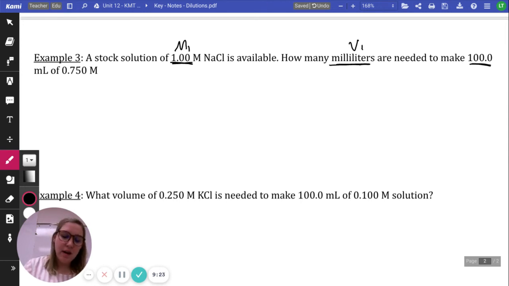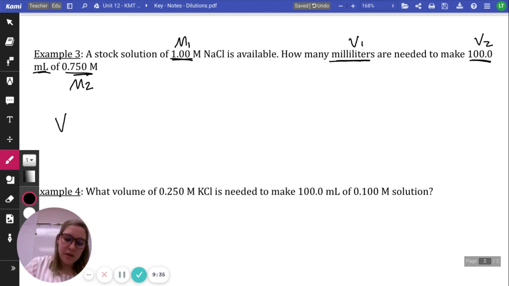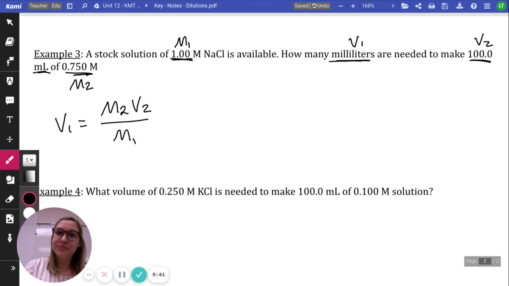We want to make 100 milliliters. It's going to be our V2. Of 0.750 molar solution. So it's going to be our M2. So we are looking for V1. So V1 is going to be equal to M2 V2 over M1. And we're just going to plug in all our values.